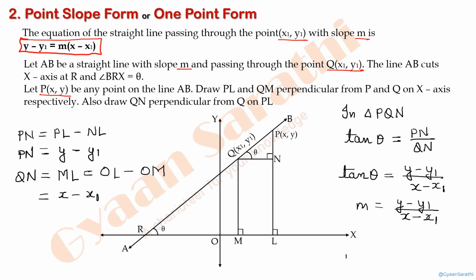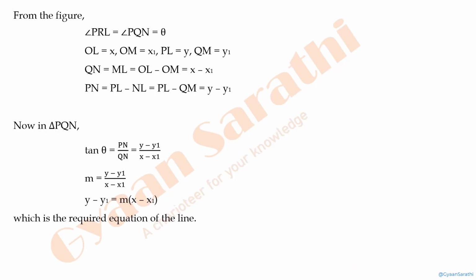Doing cross multiplication, I get Y minus Y1 is equal to M into X minus X1, which is the required equation of the line in the point slope form or 1 point form. Let's move ahead. So this is the same explanation which I did explain right now.